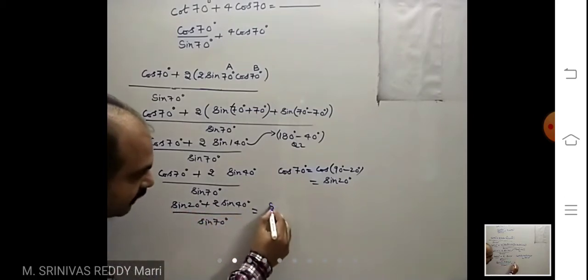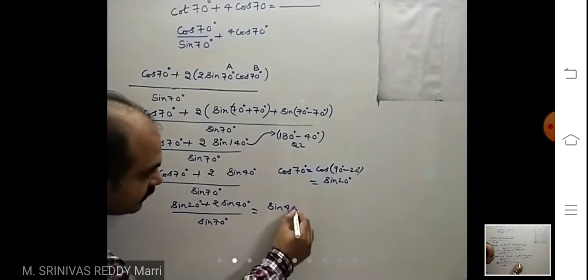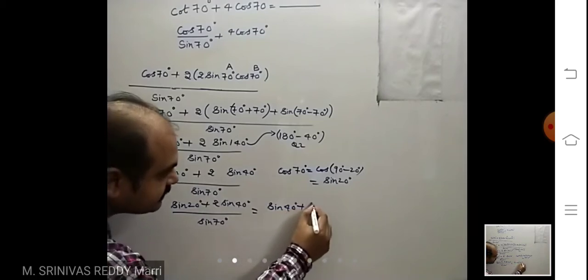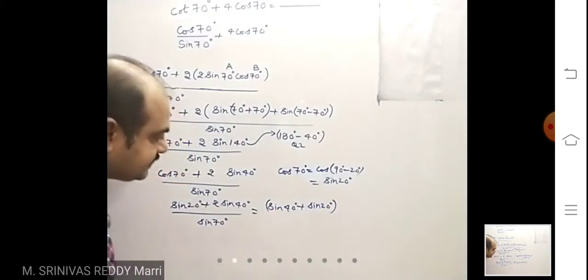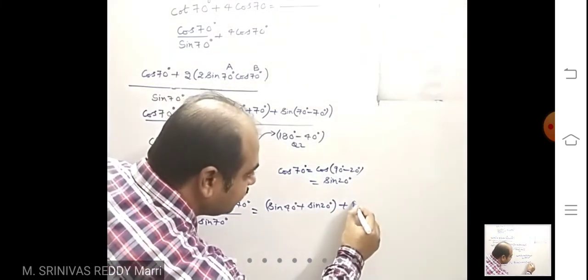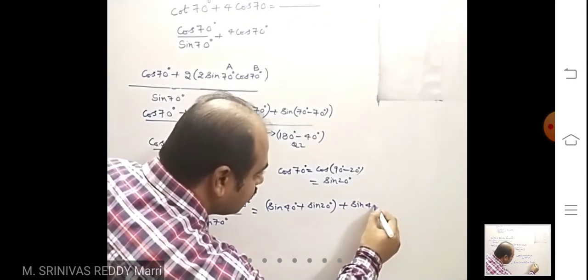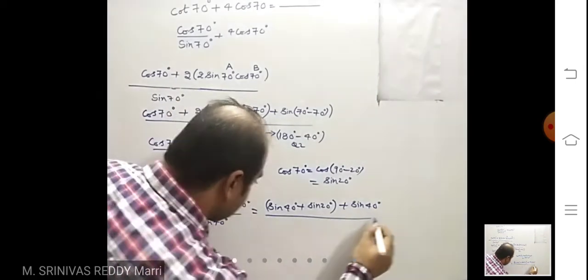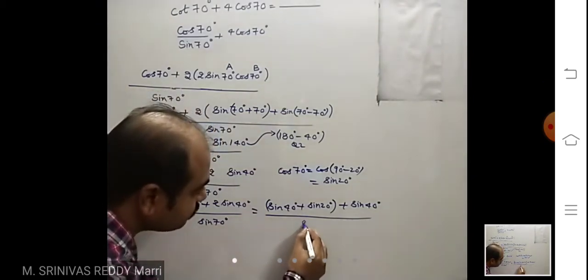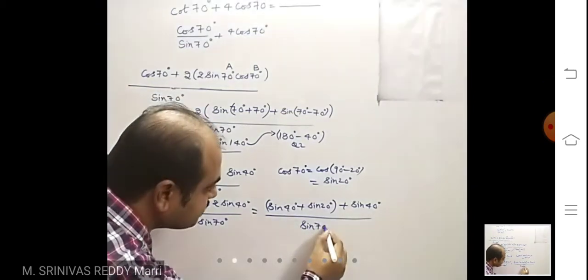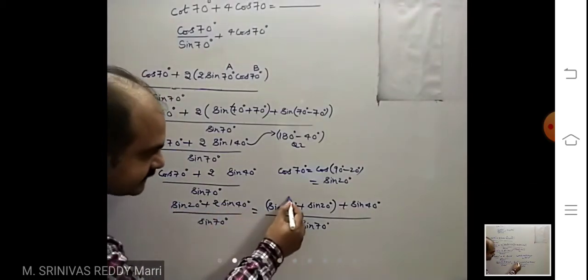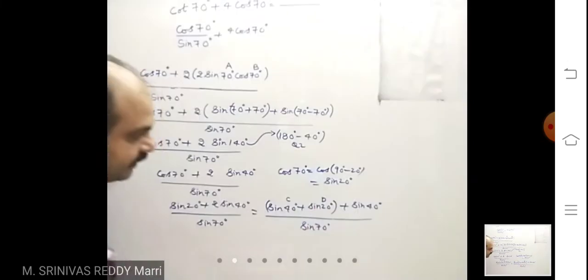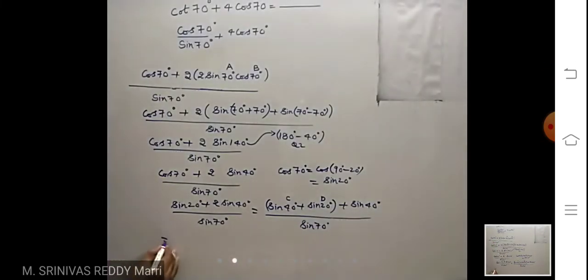Now I am clubbing one sine with one sine. Look at sine 40 degree plus sine 20 degree like this, and another sine 40 will be remaining, divided by sine 70 degree. Look at 140 I have clubbed with this such that I can write sine C plus sine D again. That means you will get 2 sine.